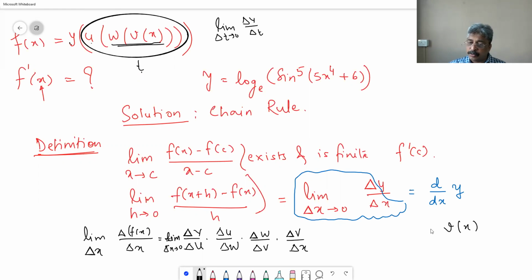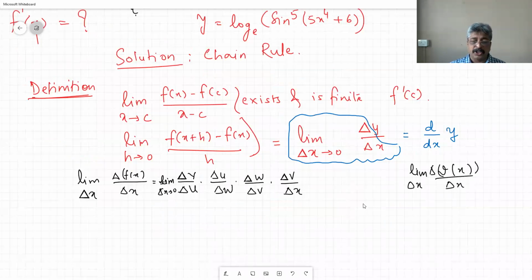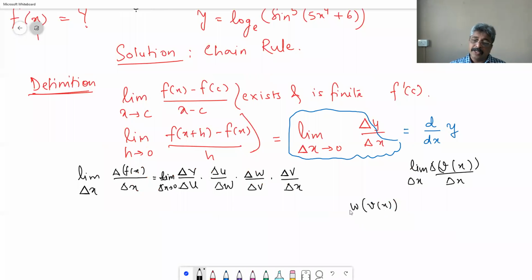Suppose I have only one function like this, v, and I am operating on delta x, then it is delta v of x upon delta x. That is its derivative. But if the function is w of v of x, then it is limit delta w upon delta v of x, as delta v of x tends to 0.